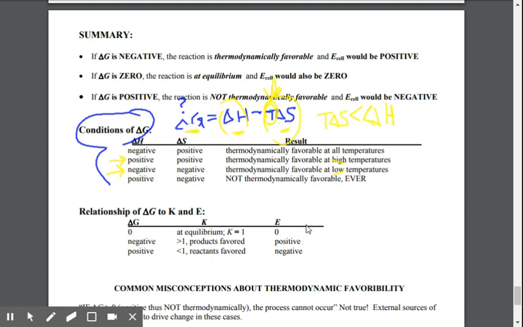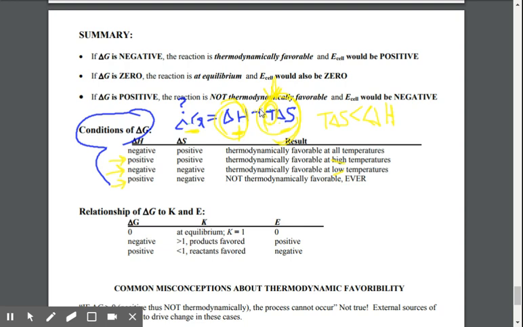Now, last scenario, if delta H is positive and my delta S is negative, temperature does not need to be a factor there. The reason why is because this quantity is positive. A negative and a negative is going to make this quantity a positive as well.